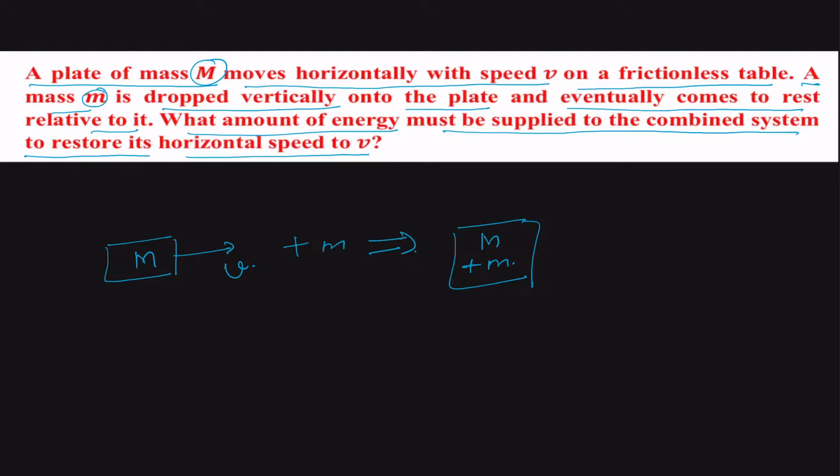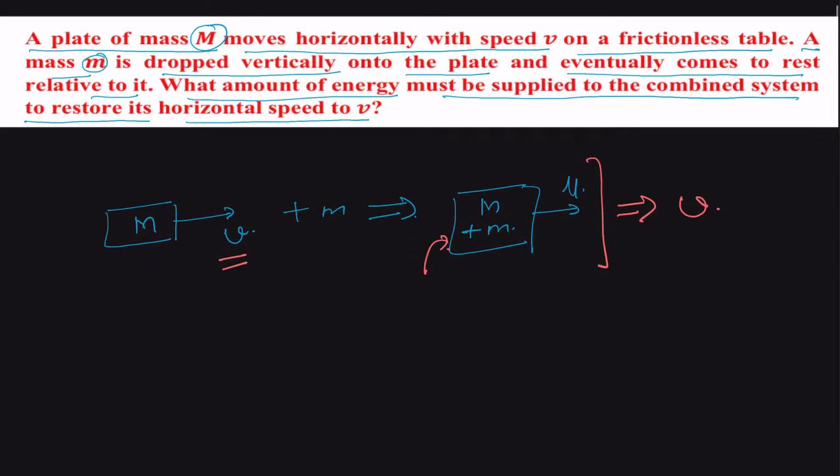So obviously the mass is increasing, so their velocity is bound to change. Let us assume that now their velocity is u, but we want that these two should be once again traveling with the velocity v. And for that we have to supply some kind of energy to it so that the entire system is once again traveling with the velocity v. So this is the basic question.